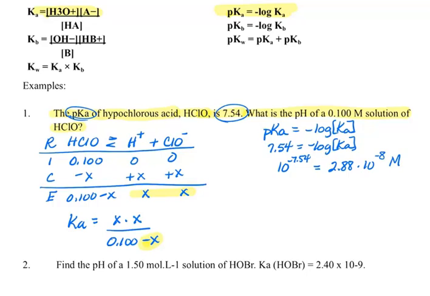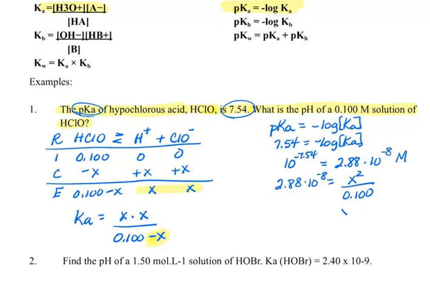And so we have that our Ka value is going to equal our x squared over 0.100. And you guys should know how to do it. Multiply by your 0.1 to both sides, square root, and get your x value.